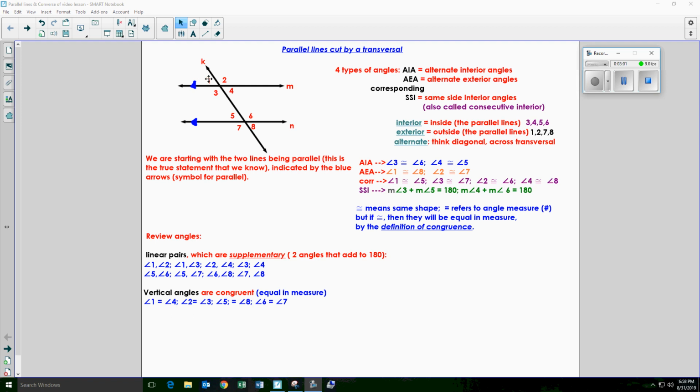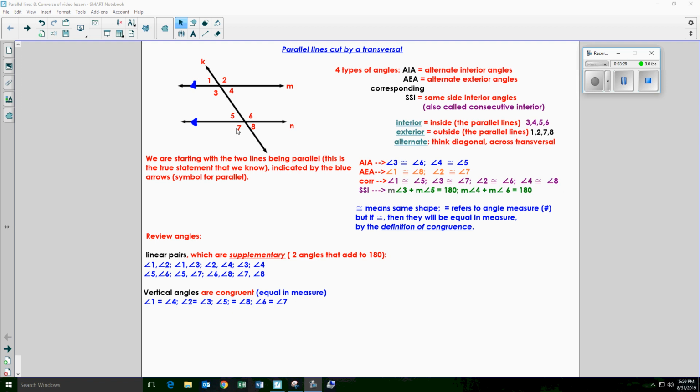And then one angle has to be outside or exterior, one has to be inside, interior, and they cannot be adjacent. So it cannot be 1 and 3 because those are adjacent. So an exterior and interior, 1 and 5. The other pair is 3 and 7. We do the same thing on the other side. Exterior and interior on the same side, but not adjacent. So 2 and 6, and then 4 and 8. And we have all these listed right here.